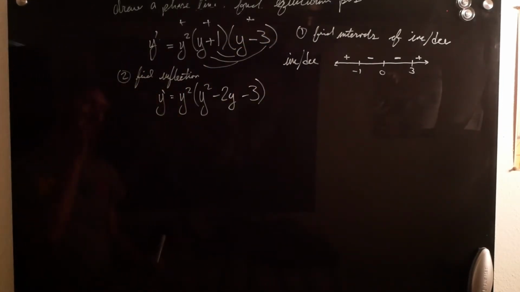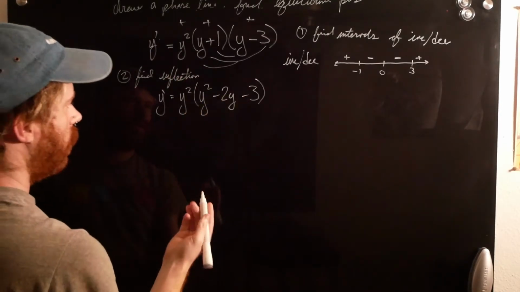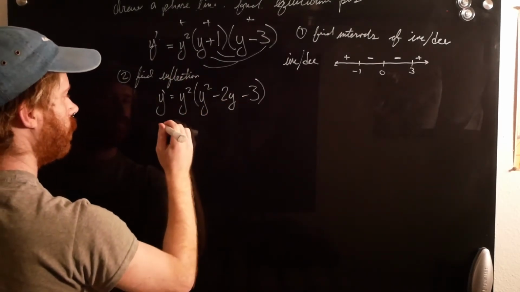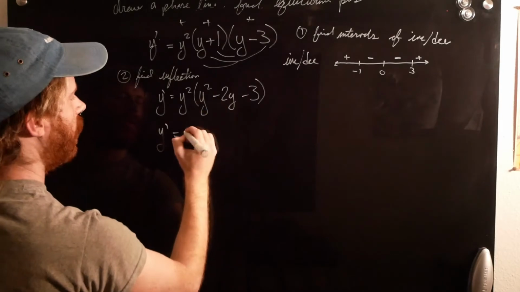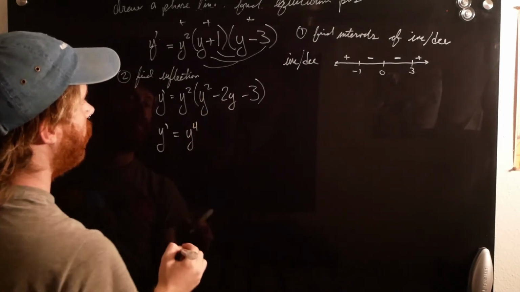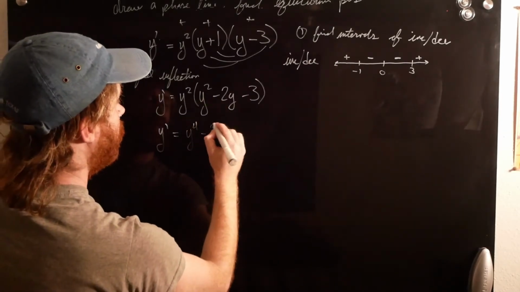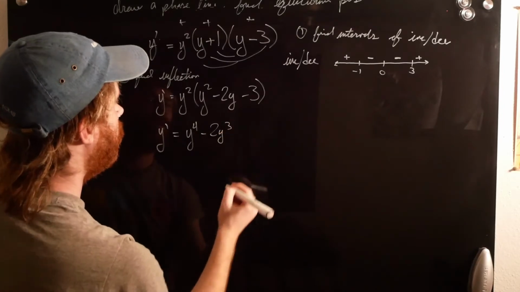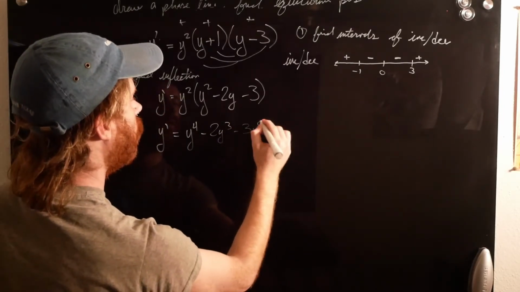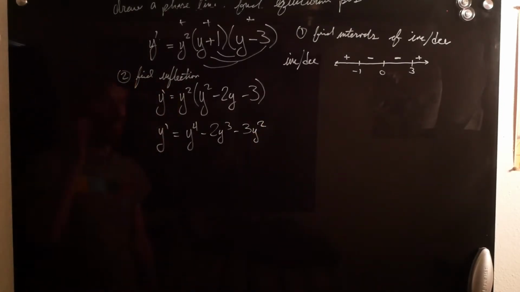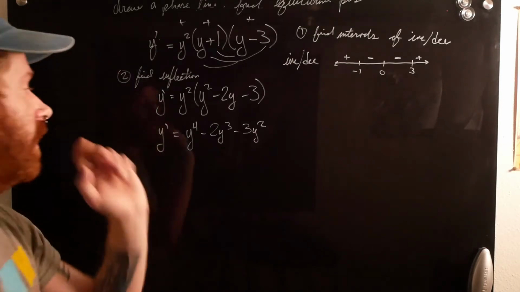Okay, now let's distribute this y squared. So now we have y prime equals y to the fourth minus 2y cubed minus 3y squared. Now we're ready to take the second derivative.